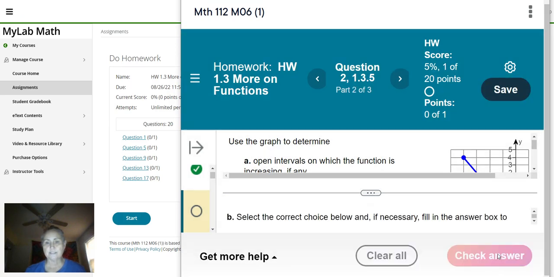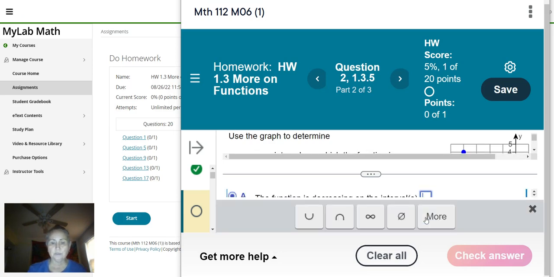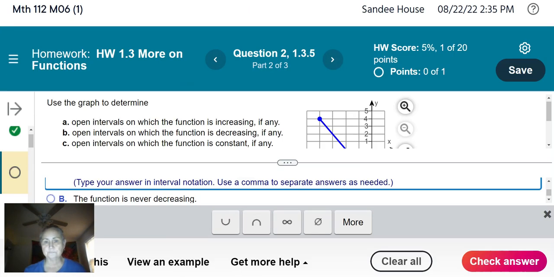Then we select the function is decreasing. And remember, we're going to use open intervals, so parentheses, and it was from negative. Let me look at that graph one more time.